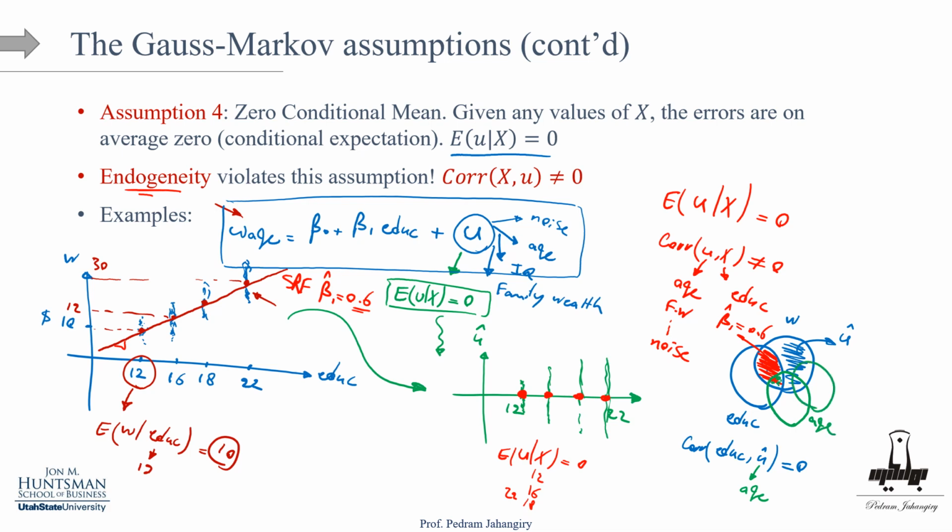So this red shaded area, 0.6, is contaminated with this green part. That means your coefficient is biased. If assumption number 4 is violated, the number you're estimating is not a number that you can trust. It does not hold the true relationship in the population. That's why we're making an assumption. We say, okay, if the assumption holds, then this is my story.